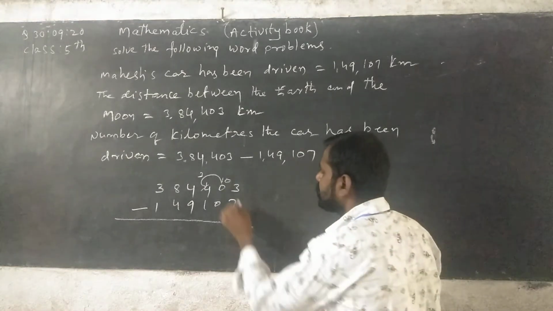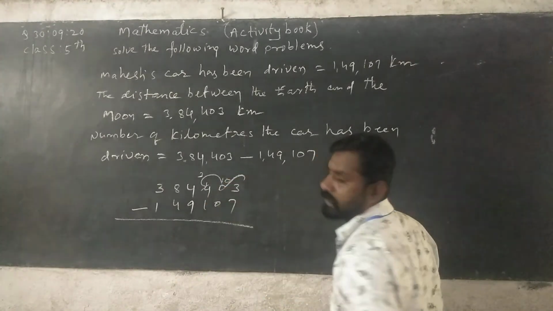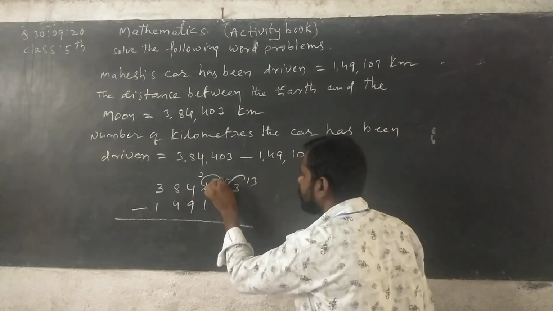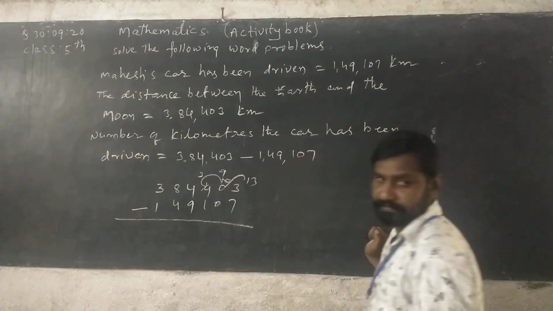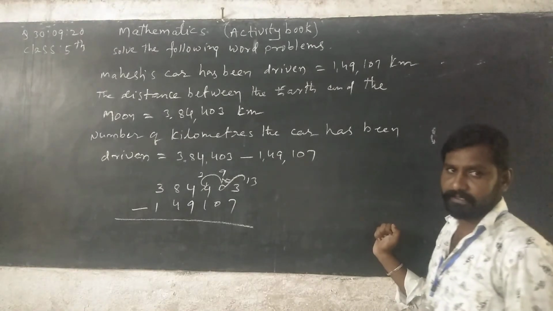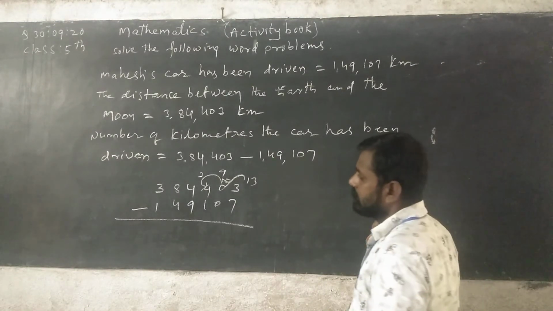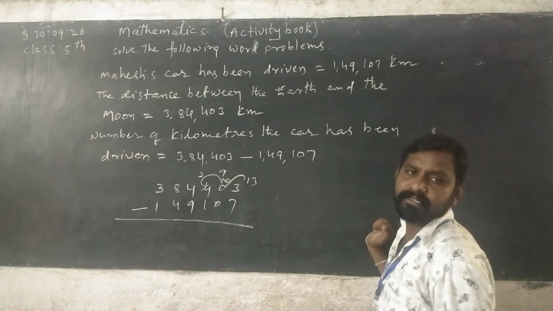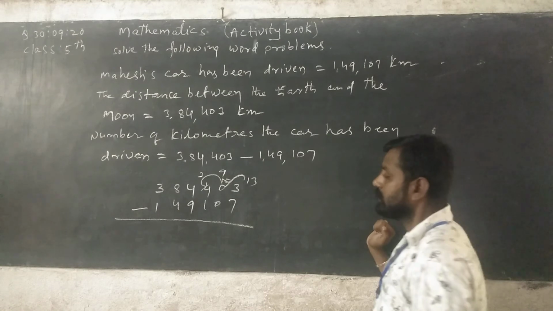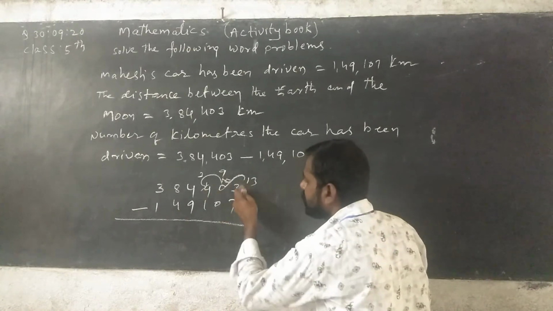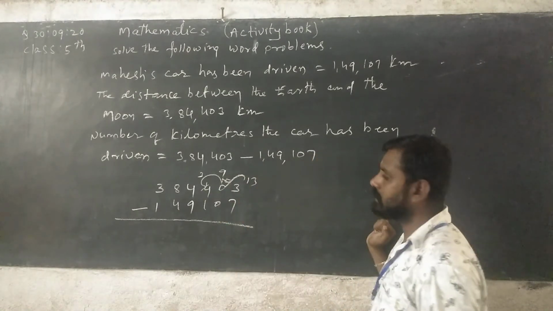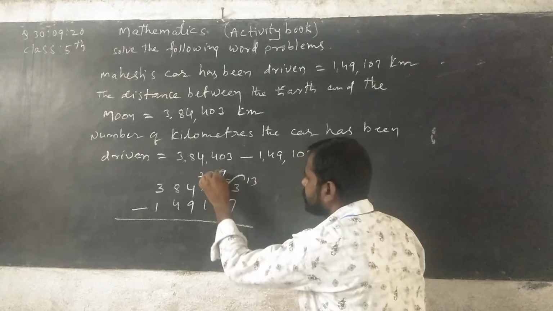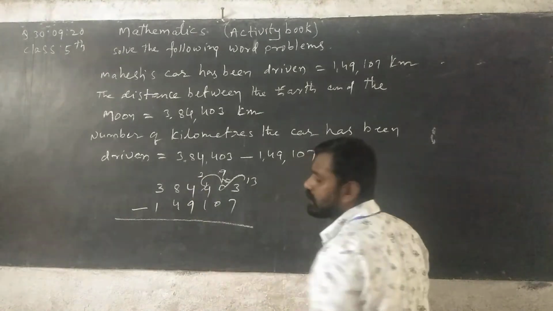Next we borrow from this 0 to 3. 0 gives 10, 10 plus 3, 13. Here 10 becomes 9, and 4 becomes 3.